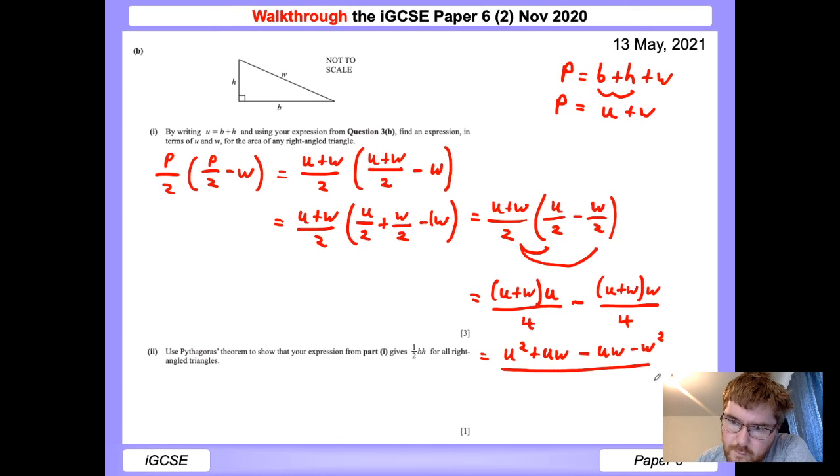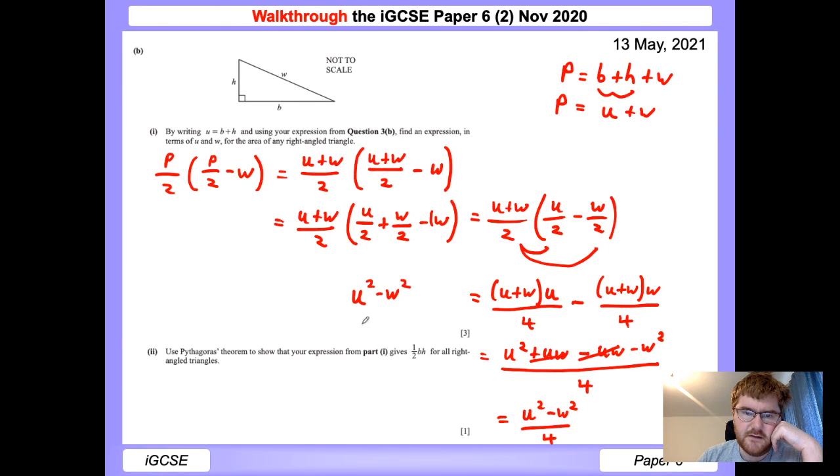Again, this can all be written over 4. And the great thing about this is these two things cancel, and we're left with our answer of u squared minus w squared over 4. Okay, so let me write that down here. So u squared minus w squared over 4. The mark scheme has also got it as a difference of 2 squares as well.